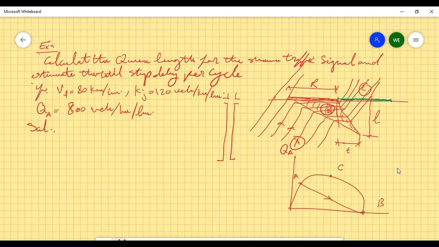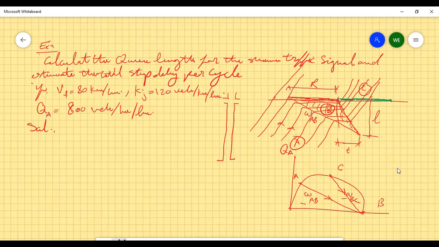So we have first wave omega AB, which is here. That's the first shock wave we have. Then we have a second shock wave, which is between B and C, omega BC. Okay? So we need to calculate these waves first.